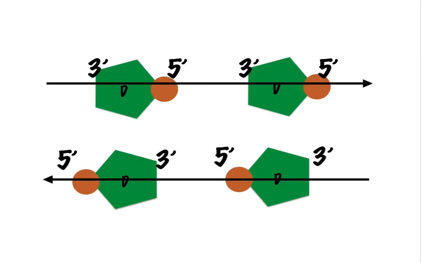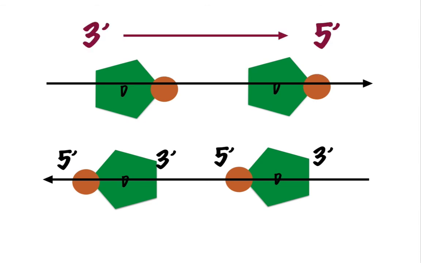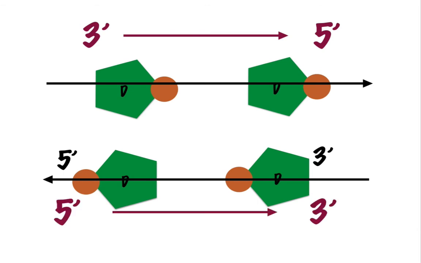Now as we look back on our previous slide, we see that on the top row, my oxygen is pointing towards my 5'. So this row is going from 3' to 5'. And since the other strand is anti-parallel, that's going from a 5' to a 3' position.